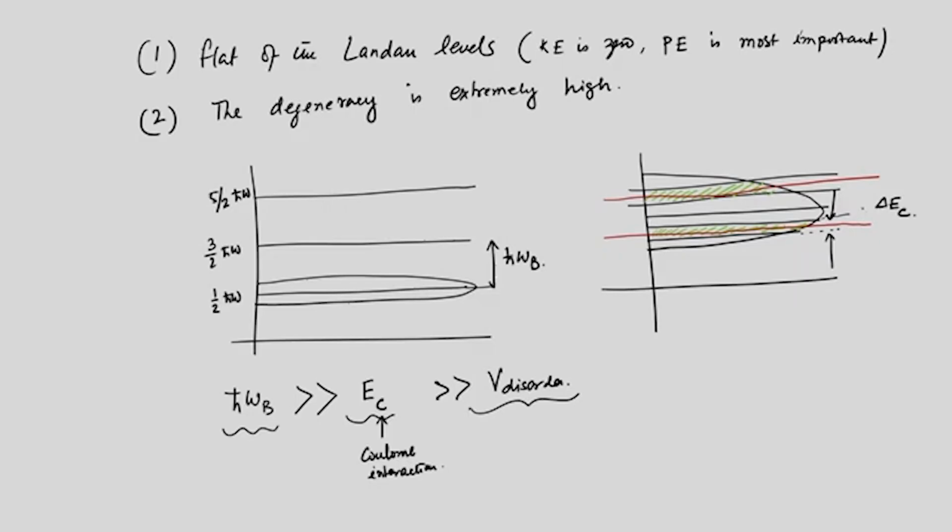The integer quantum Hall effect will be shown by samples where disorder is larger than Coulomb interaction, which means heavily disordered samples. Whereas, if you make these samples cleaner and cleaner, they would start showing these fractionally quantized plateaus. So, this is the hierarchy of energy levels.